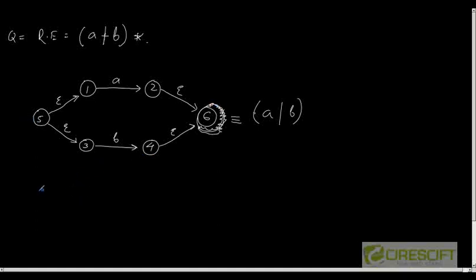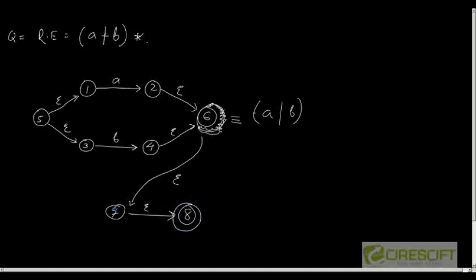This star implies zero or more occurrences of a or b. So I create a new state 7 with an empty transition from 6, and from 7 I can again make an empty transition and go to the final state 8.